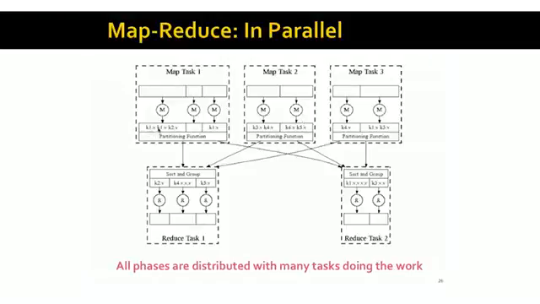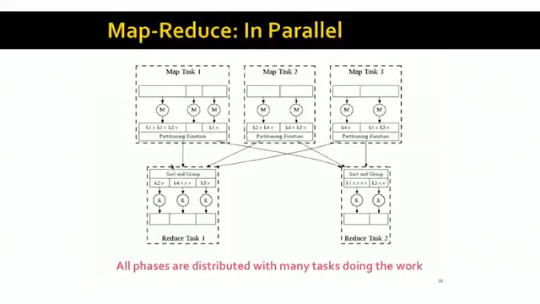And once the intermediate key value pairs are produced, the underlying MapReduce system uses a partitioning function, which is just a hash function. The MapReduce system applies a hash function to each intermediate key value, and the hash function will tell the MapReduce system which reduce node to send that key value pair to.